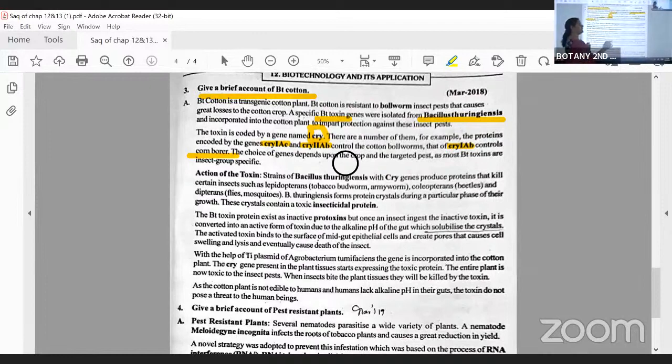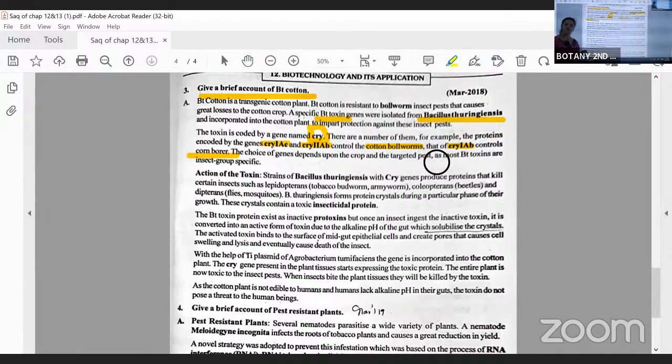Cry 1AB alone can control corn borer infection, and cry 1AC and cry 2AB can control cotton bollworm infections in the cotton plant.